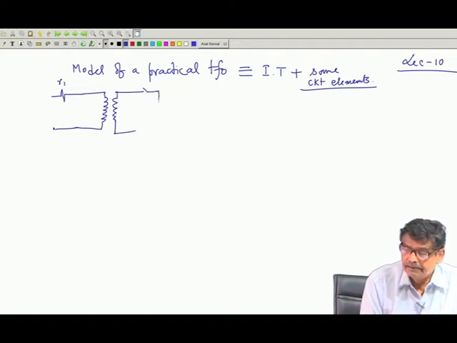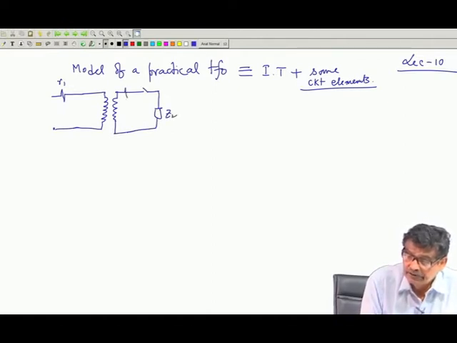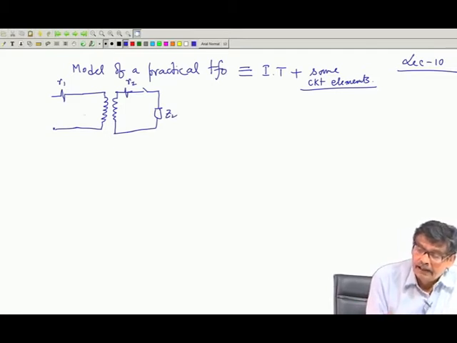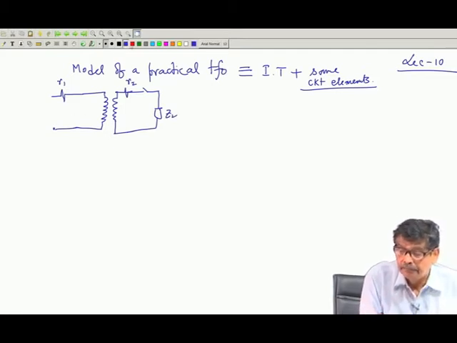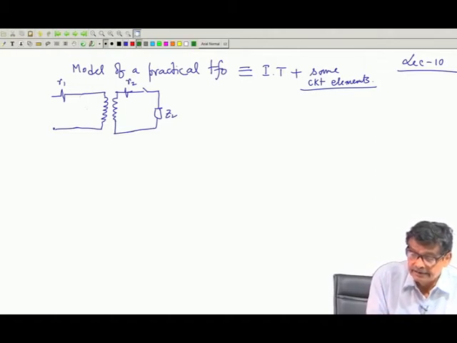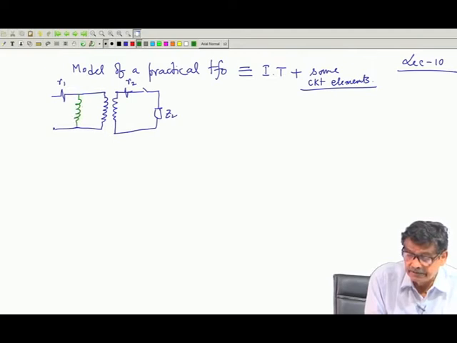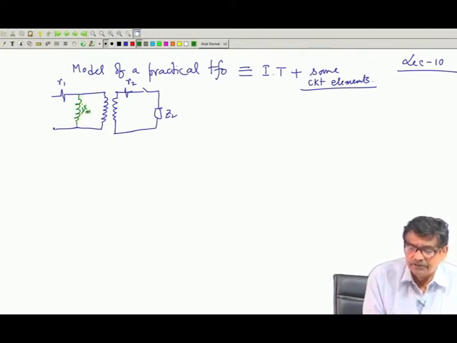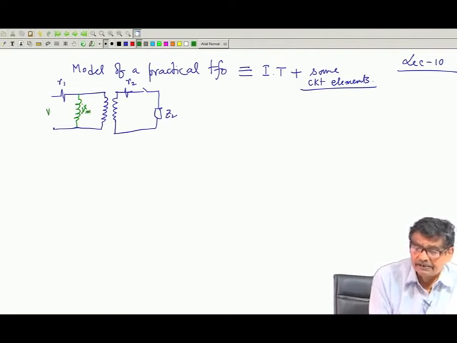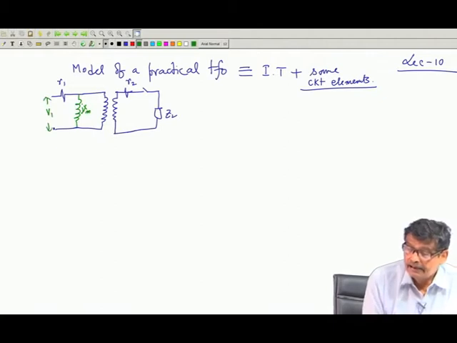And here is your actual load on the secondary side, Z2, and here I also showed the secondary resistance R2. Then the magnetizing branch was also taken into account. It is not a winding, it is jXm. It is my thought process which brought me here. This is my applied voltage, and these are the currents.